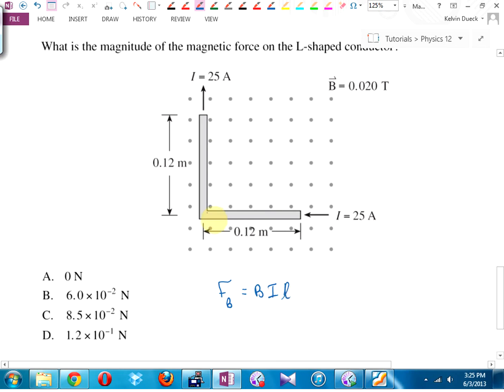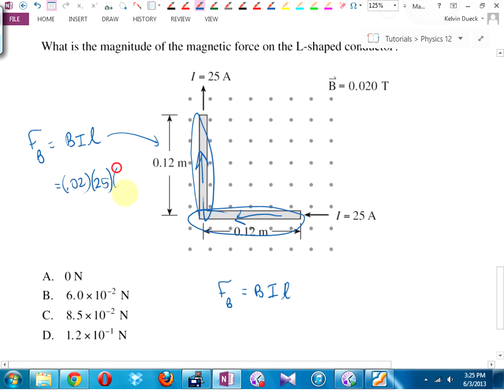I'm going to treat this as one chunk of wire and this as one chunk of wire, because the current is moving that way in one section and that way in the other. So I'll find it for this section, where the magnetic field is 0.02, current 25, length 0.12.